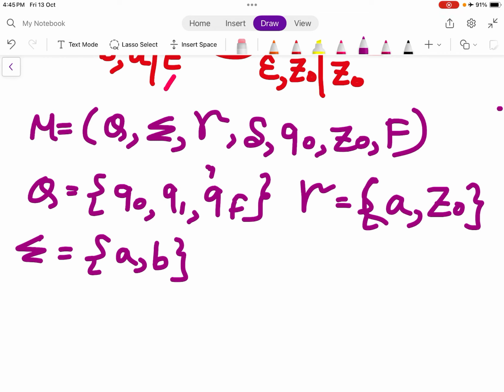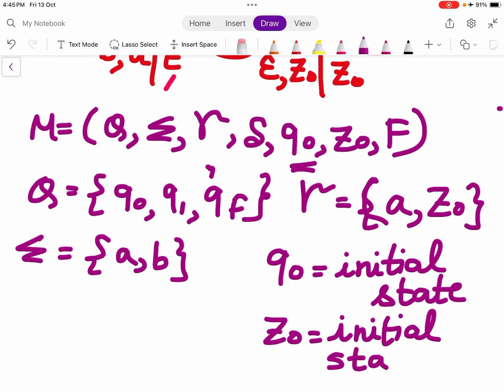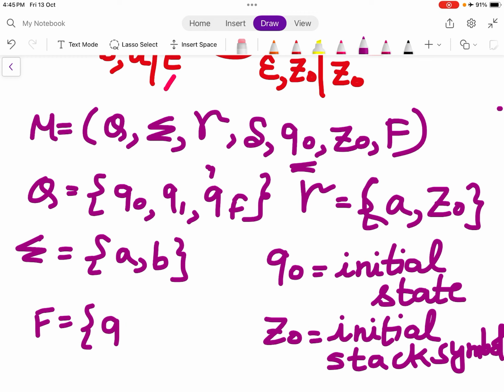Then Q0 is the initial state. Z0 is the initial stack symbol. And F is the set of final states, that is QF.